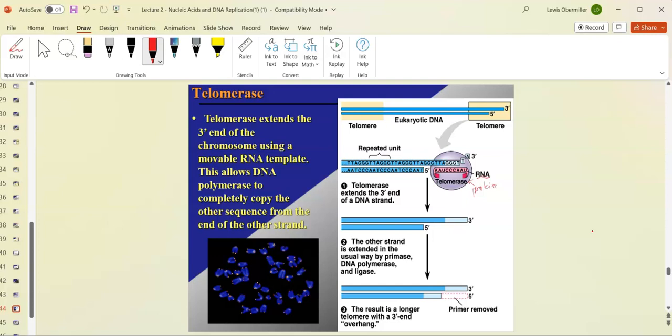So this is the primer, and so it doesn't have to lay down a primer. It allows the polymerase inside of it to make double-stranded DNA, and so it can go along and add just repetitive sequences. It's just junk DNA. It doesn't code for anything.